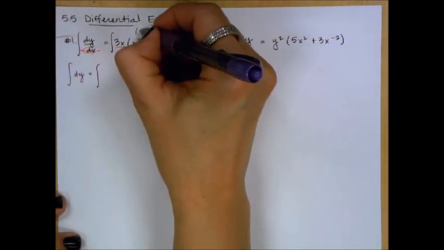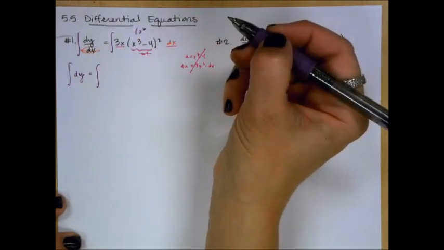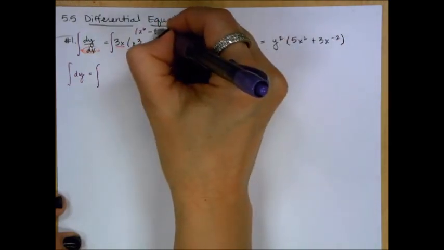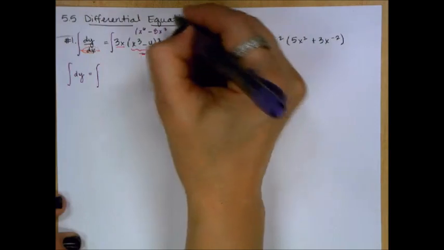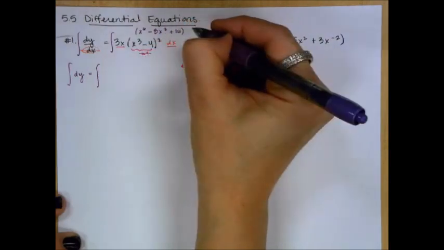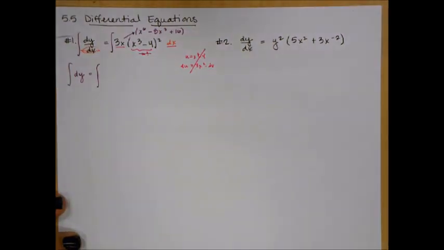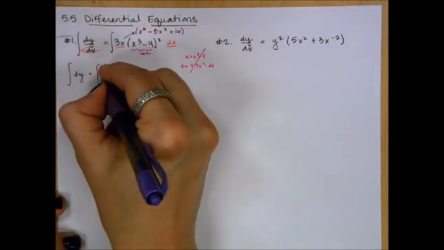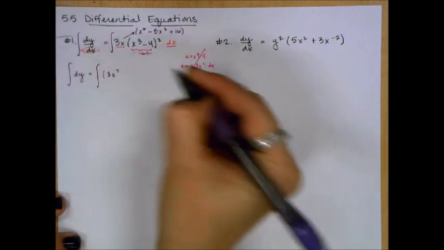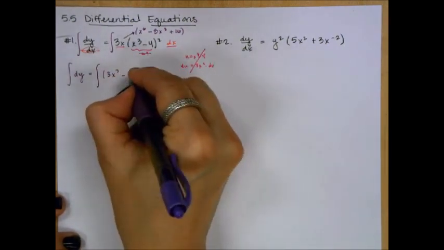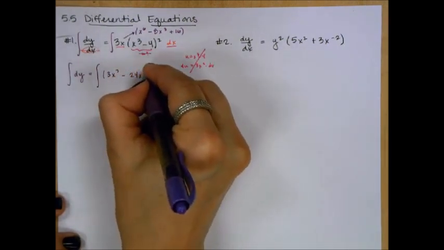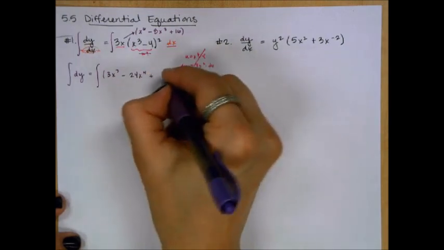So we get x to the 6th minus 8x cubed plus 16. And then I want to distribute 3x into all these terms. So we end up with 3x to the 7th power minus 24x to the 4th plus 48x.